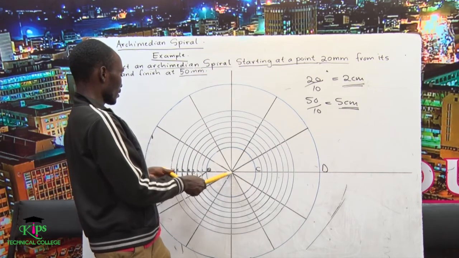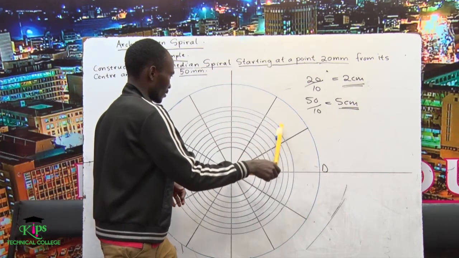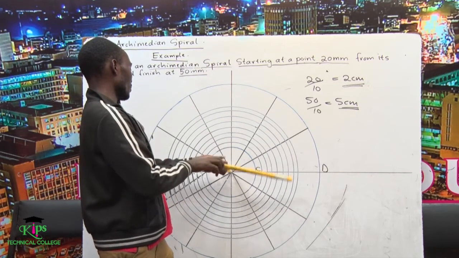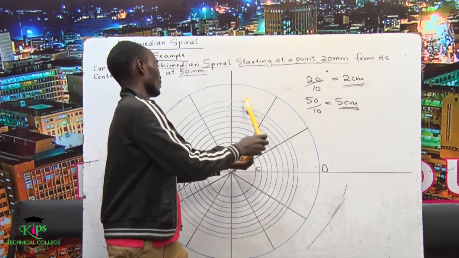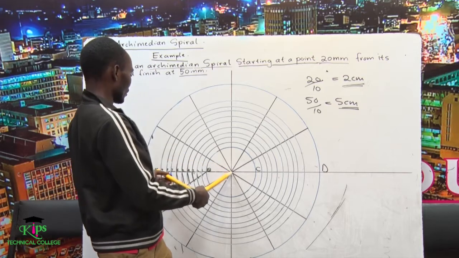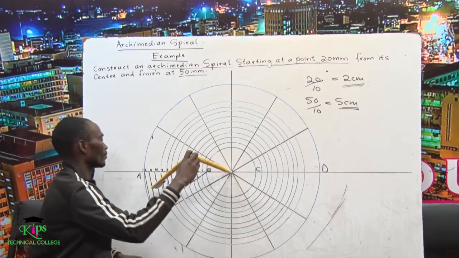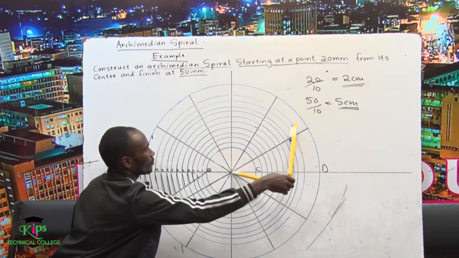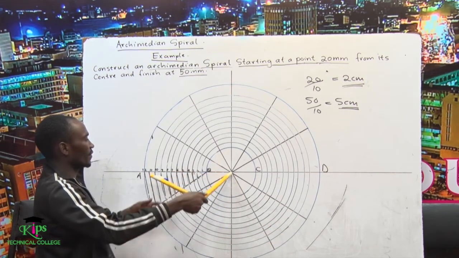Then also to point 8. Then to point 9. Point 10. Then to point 11.